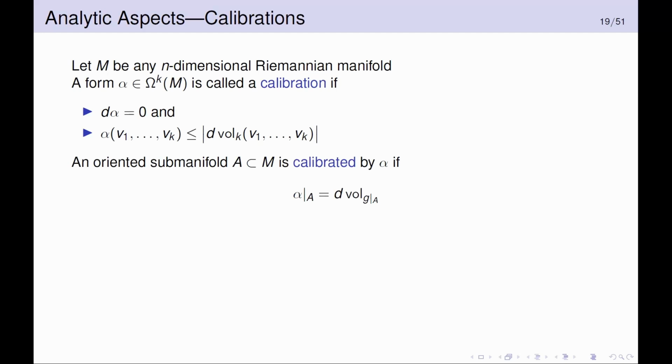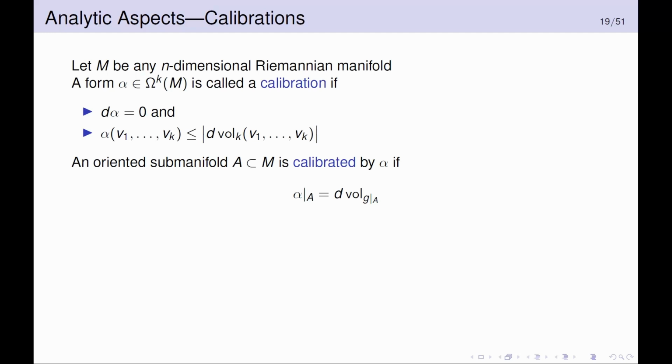And we say that an oriented submanifold is calibrated by such a form alpha if the restriction of alpha to the submanifold is the volume form of the restricted Riemannian metric.